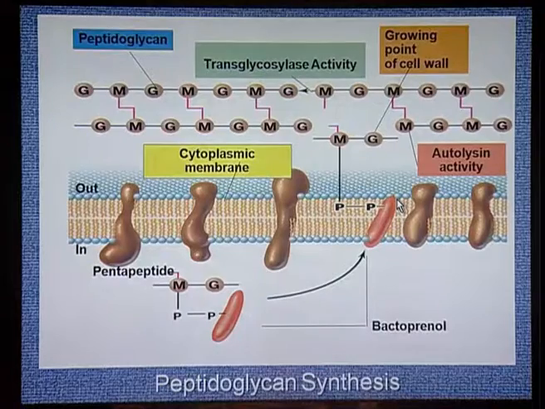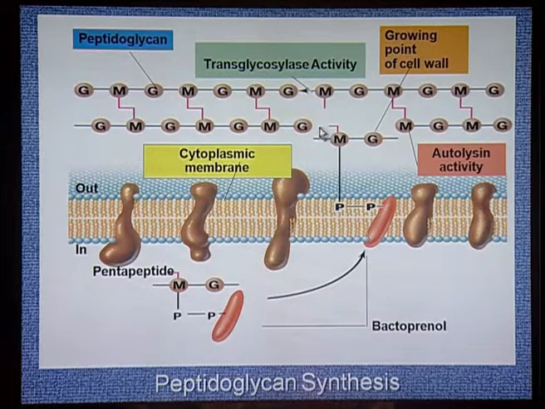This bactoprenol is hydrophobic and it goes inside the cell membrane, transporting the precursor into the right place. Now, after it is placed, there are actions of enzymes like transglycosylase. These will form the bonds between the existing NAG and the incoming NAM. A glycosidic bond will be formed by transglycosylase activity.